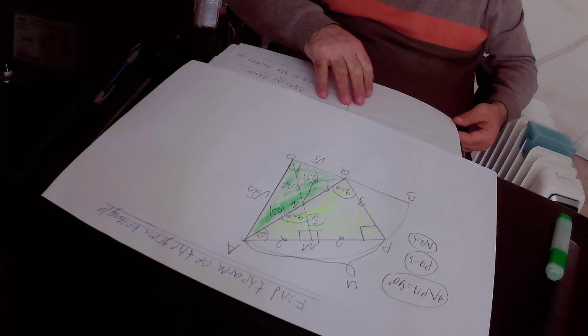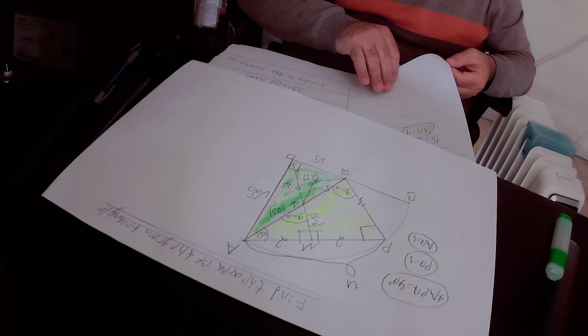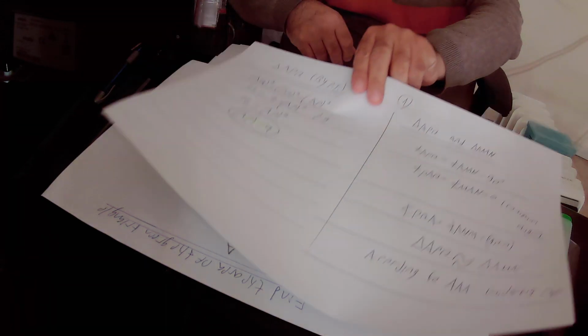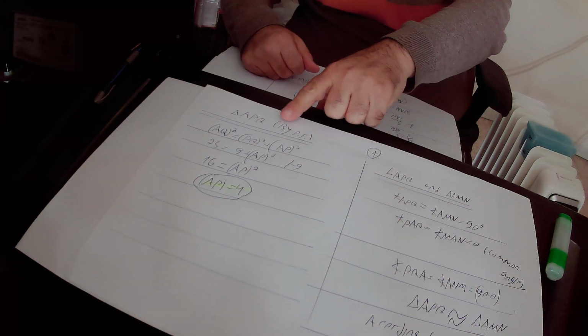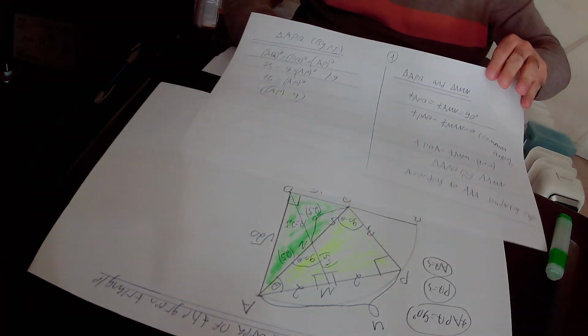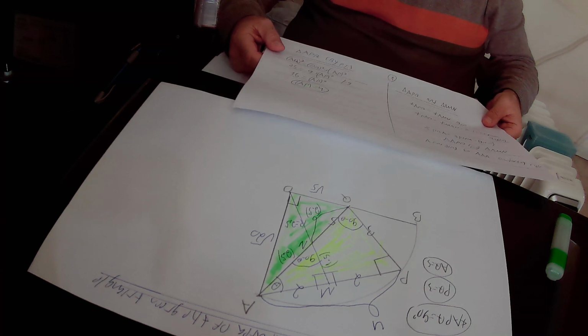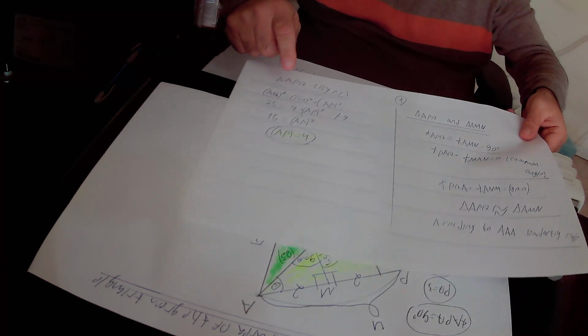Again, in the right yellow triangle APQ, we get AQ squared equals PQ squared plus AP squared. AQ equals 5 units, therefore AQ squared equals 25.